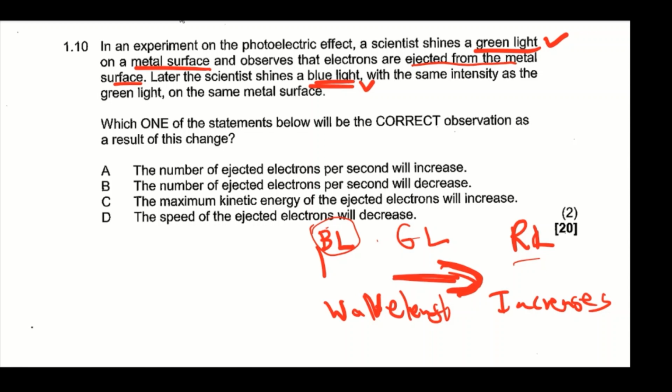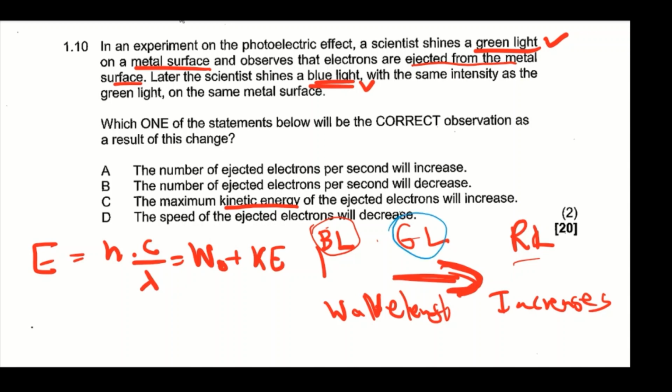Because I'm more interested in analyzing the kinetic energy here. Why? Because the photoelectric energy E equals h multiplied by c over lambda, which equals the work function plus the kinetic energy. We want to note which kinetic energy will increase. We first use the green light, which is here.